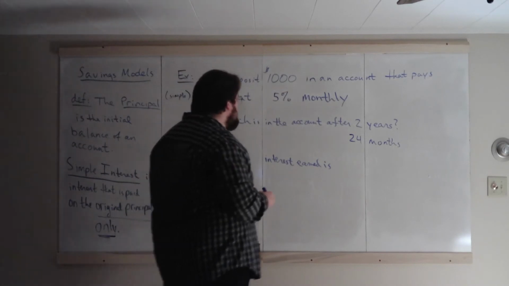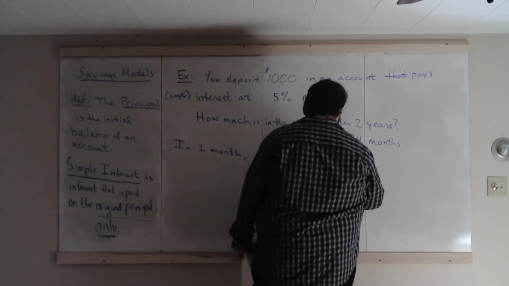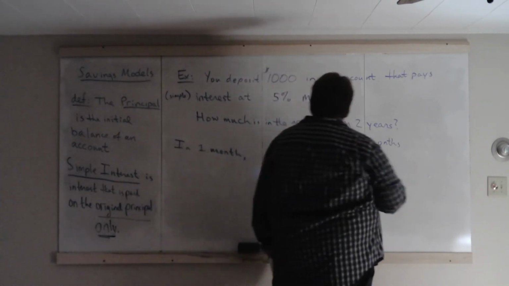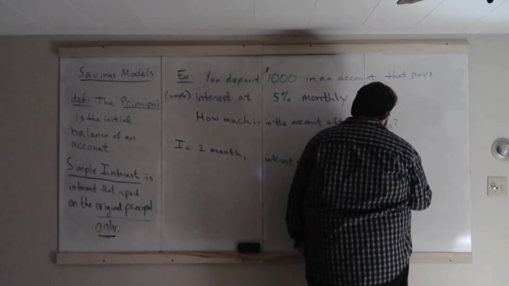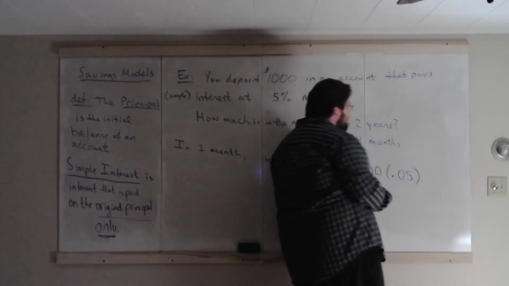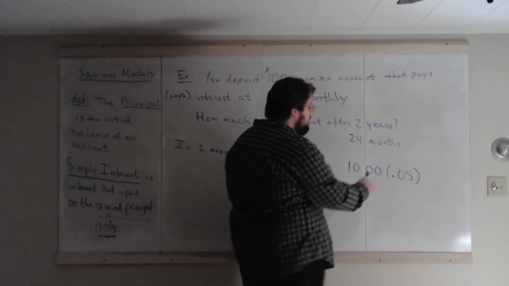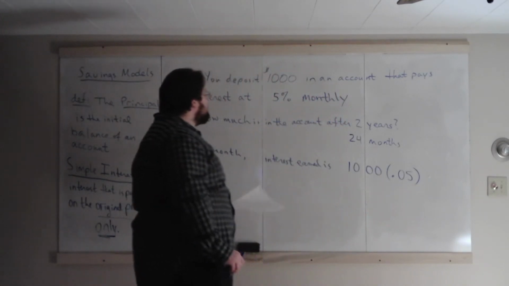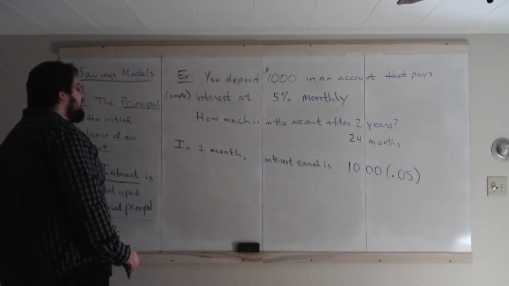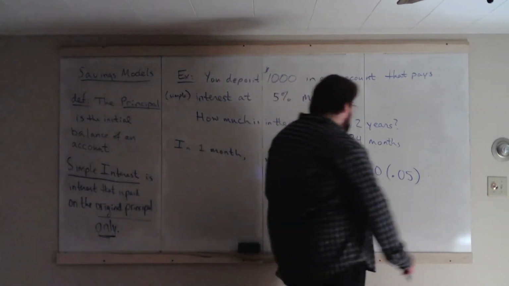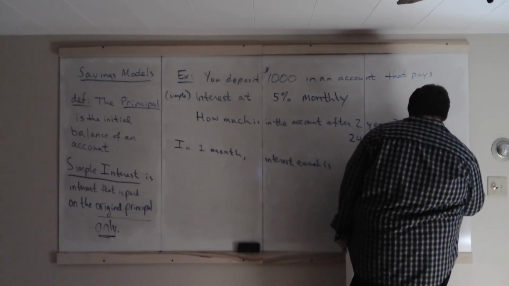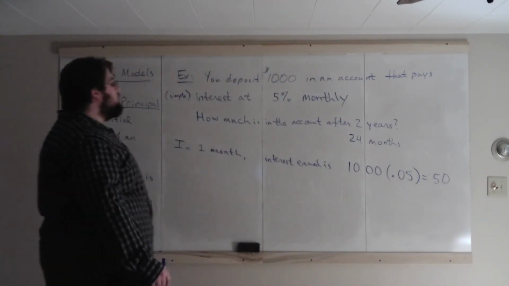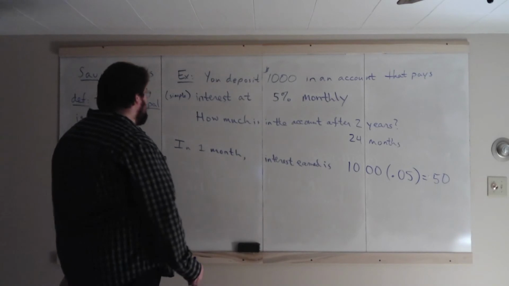Well, it's $1,000 times the monthly interest rate, 5%, which is 0.05, and you can see that by, if you move the decimal place over 2 points, then you'd have a 5 with a decimal point, which gives you that whole number, 5. 1,000 divided by 20 is what, 50, I think? Yes, it's 50. So in 1 month, this earns $50.